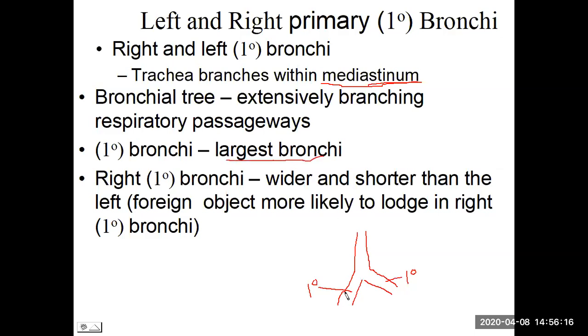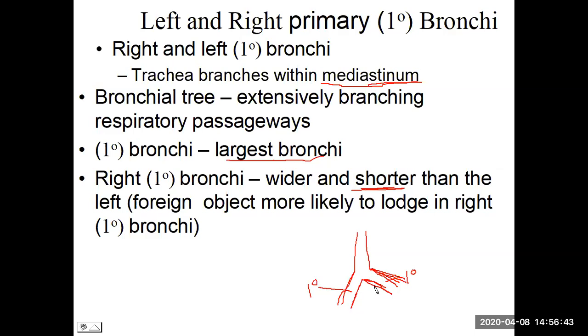And we do see this slight imbalance in the shape, which I was trying to draw earlier. The right primary bronchus is shorter, and more importantly, it's at a steeper angle when compared to the left primary bronchus. The left one is more narrow, and it comes out at a wider angle.